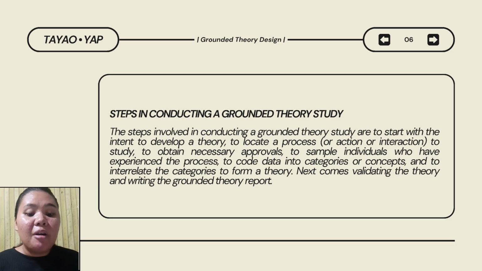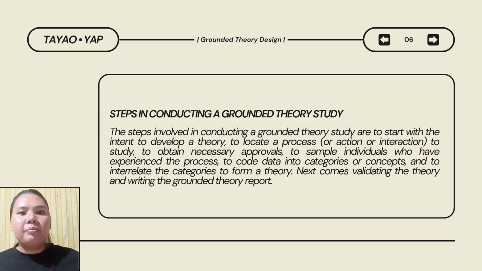It may include writing propositions that provide testable ideas for further research. You can present your theory as a series of propositions or sub-propositions. This stage may also involve writing a story or a narrative that describes the interrelationships among categories. So that's step number 6: use selective coding and develop the theory.